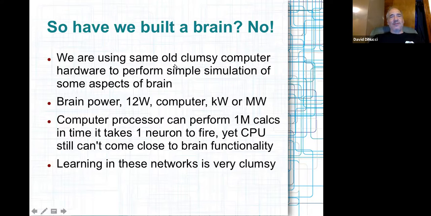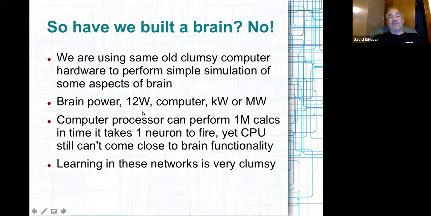We're currently using the same old clumsy computer hardware to perform a simple simulation of these things. By the way, there is something called the Brain Project or something like that, where they're trying to simulate every single neuron in the brain absolutely accurately and see if they can get some more insights that way.